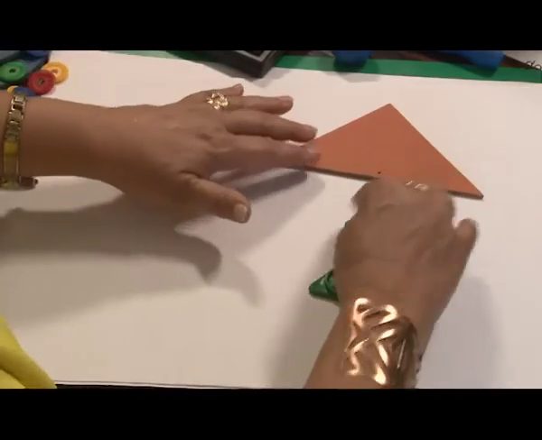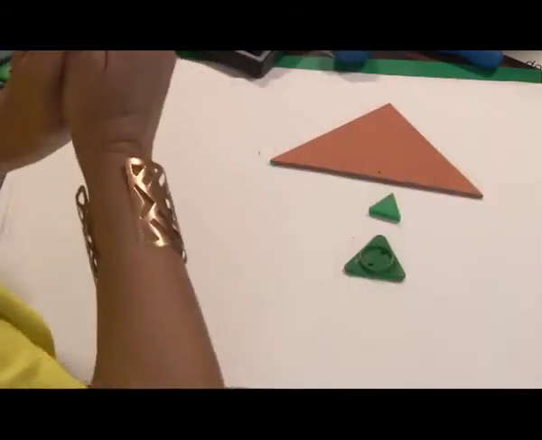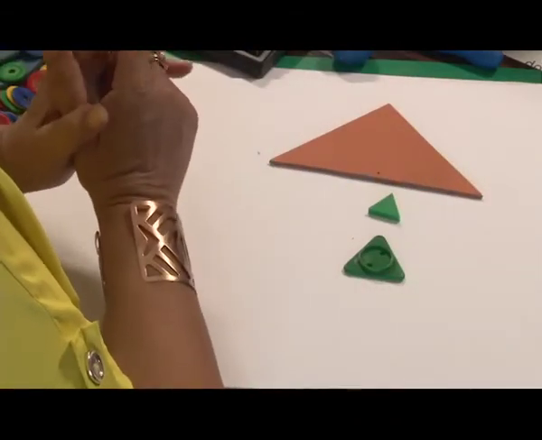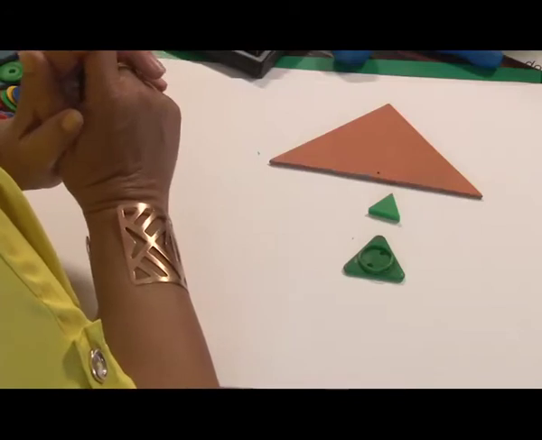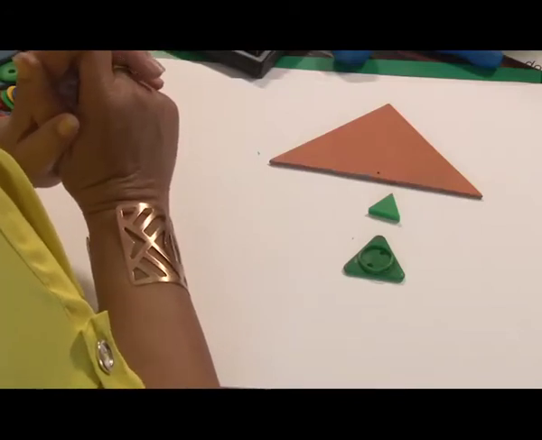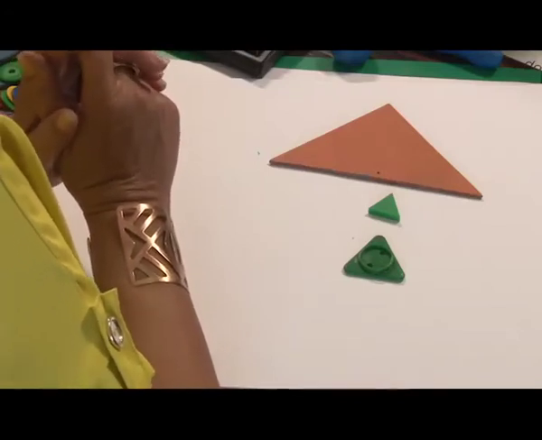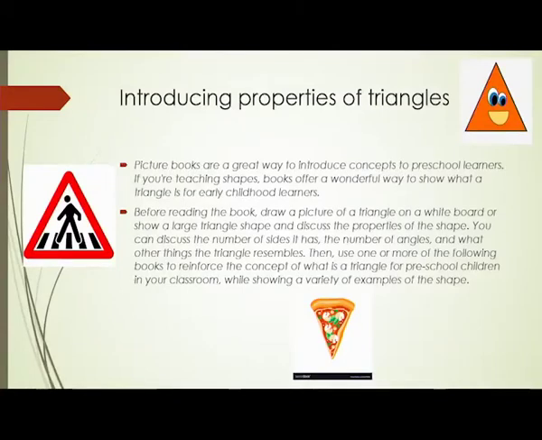All 3 of these triangles have a different size, but they have exactly the same properties. What are the properties? Picture books are a great way to introduce concepts to preschool learners. If you are teaching shapes, books offer a wonderful way to show what a triangle is to early childhood learners.